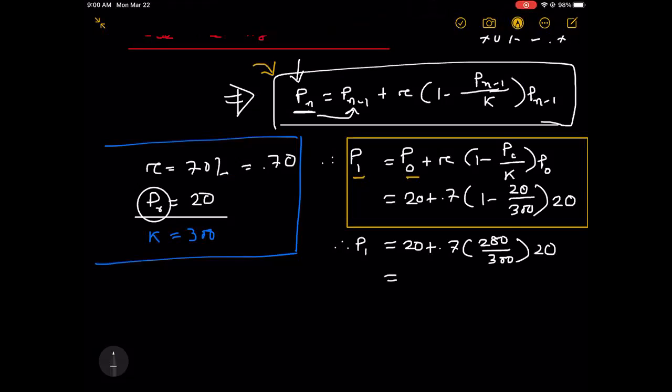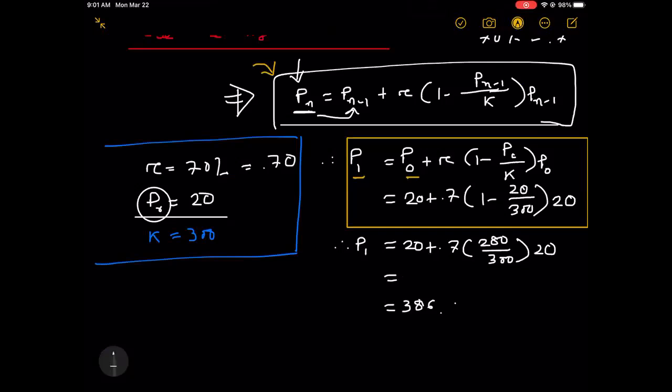So if I use my calculator, 0.7 times 2. Would it be 386.399? Which one? For P1? Like the final answer? 386.99.